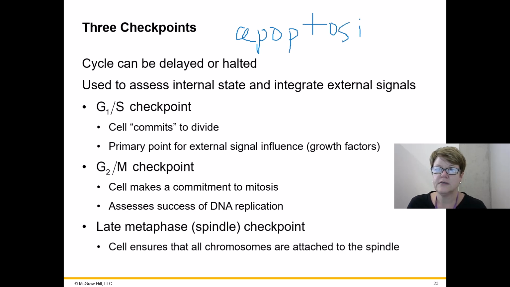Apoptosis is sometimes pronounced "apoptosis," with the P considered silent. It just depends on who you talk to. This is what we call programmed cell death. So the cell will commit suicide if it is not able to correct the problem. And so the cell has to either correct the problem and move forward through the cell cycle or go into apoptosis. That's the normal sequence of events.